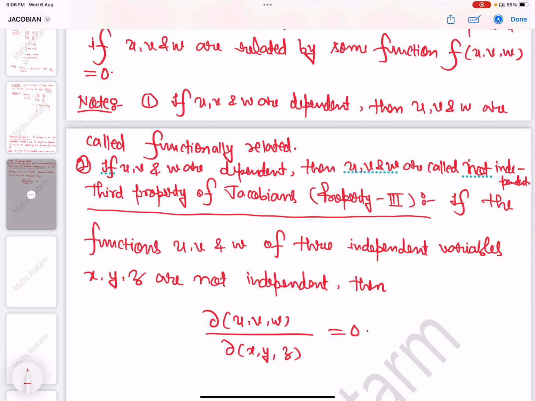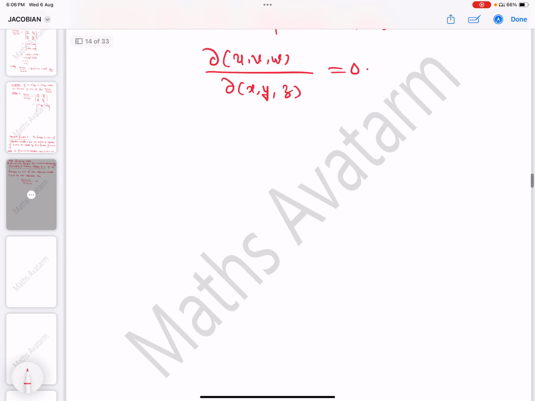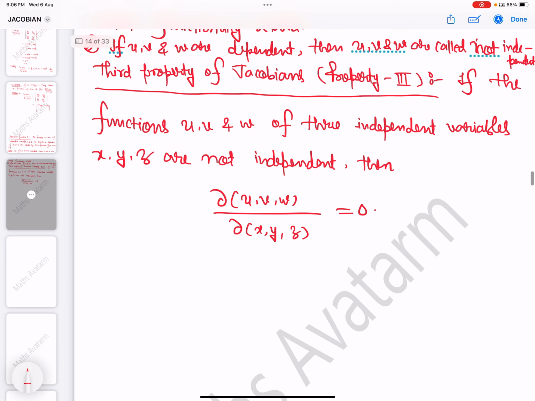The functions which are dependent are also called not independent, and they are also called functionally related. The three names are there. So let's prove the third property.